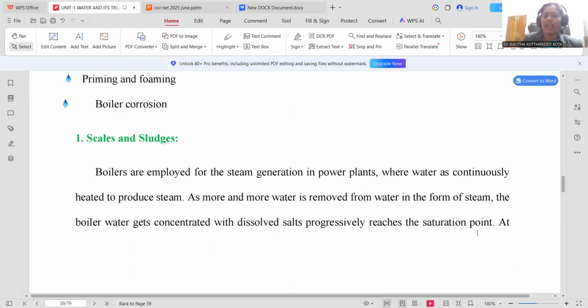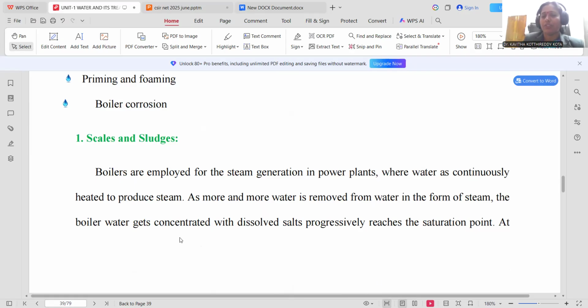Whenever that tank, for example, its capacity is 100 liters, 100 liters of water you are continuously boiling, what happens? After a few hours, water is evaporated and steam is collected continuously, so the water level within the boiler gets lowered. 100 liters of water initially, now for example it is reduced to 10 liters only.